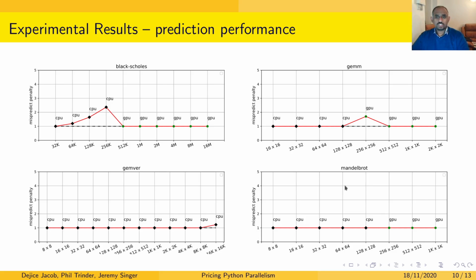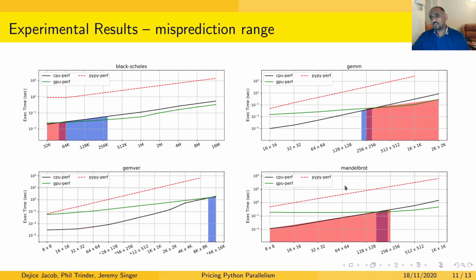Here's another, more detailed graph. This shows us the absolute time taken for each of these benchmarks. The green line is the time taken by the GPU, and the black is the time taken by the JIT compiled CPU. It's JIT compiled by Numba, and it's baselined against a PyPy implementation with vectorization turned on.